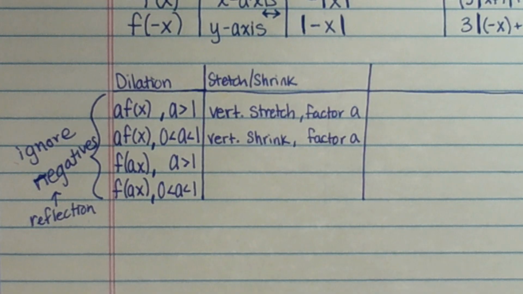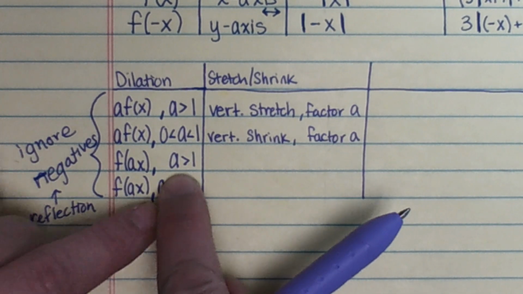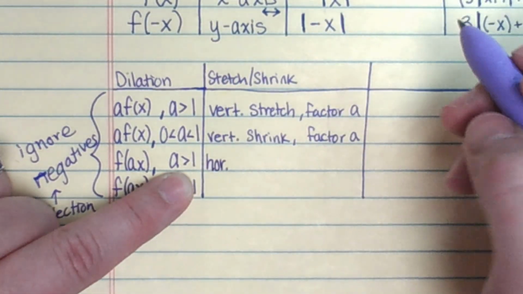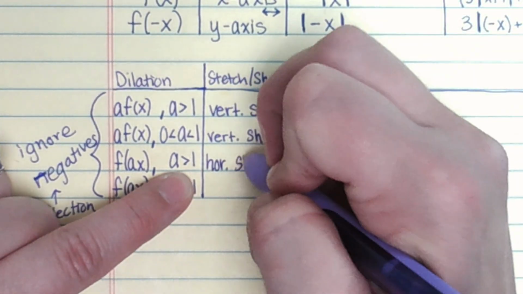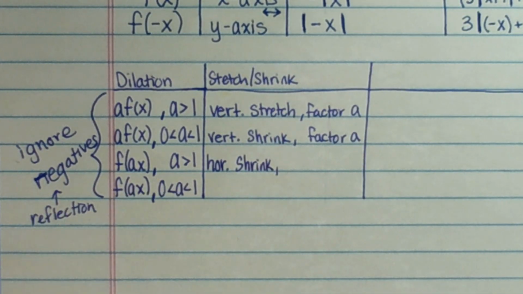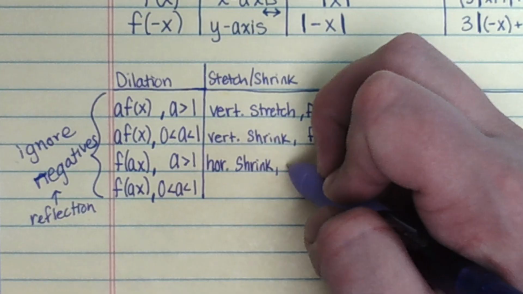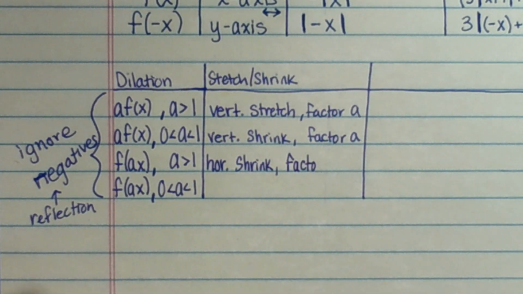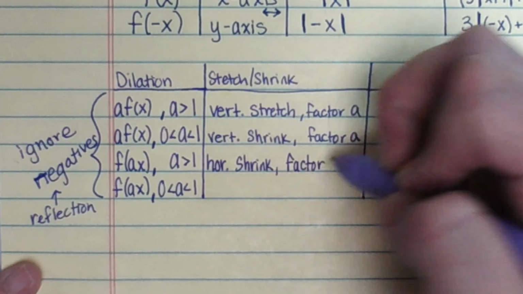The horizontal stretch and shrink are backwards to what we would think. If A is bigger than 1, it is considered a horizontal shrink. The reason being is it goes back to shrink and stretch, based on the factor.